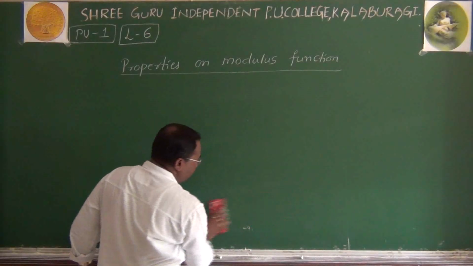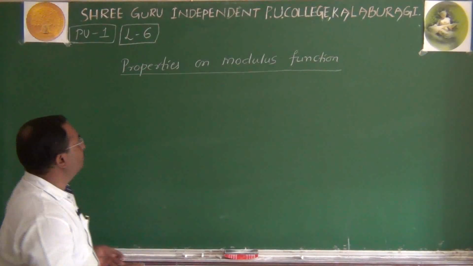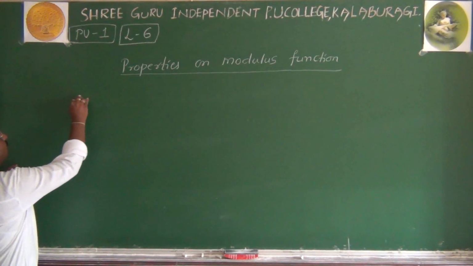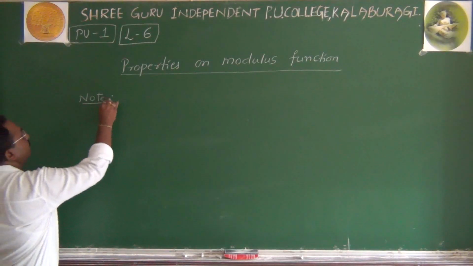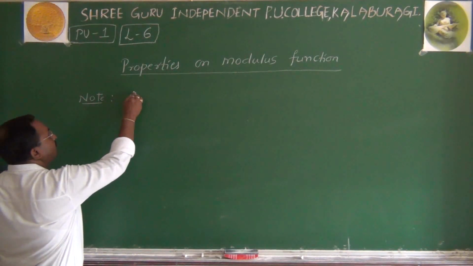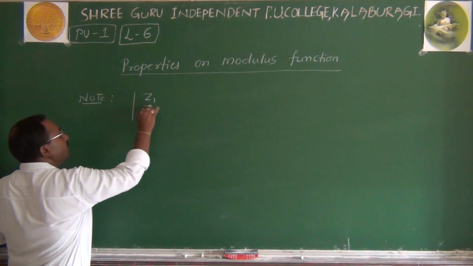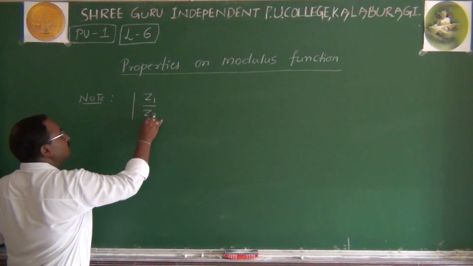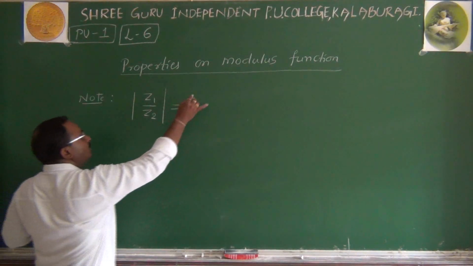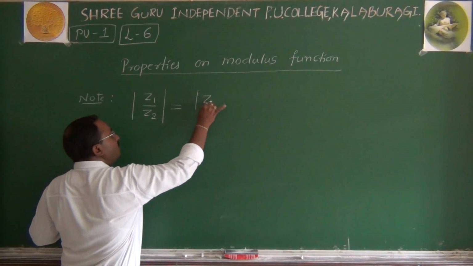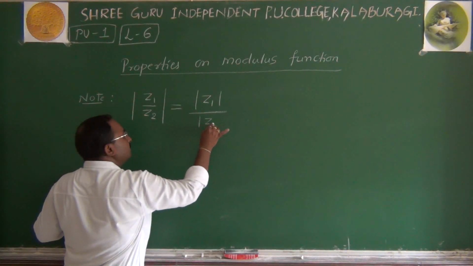Suppose the product is over. Division form is what? Note: the modulus of Z1 divided by Z2 is the modulus of Z1 divided by the modulus of Z2.